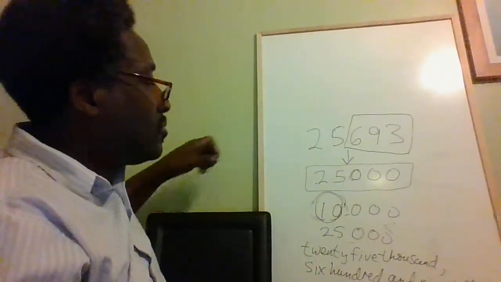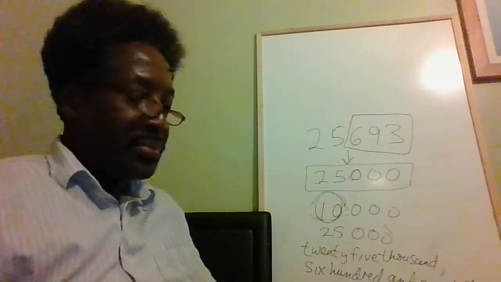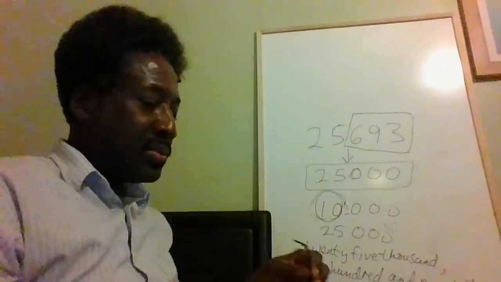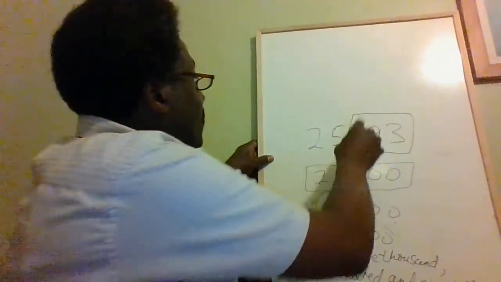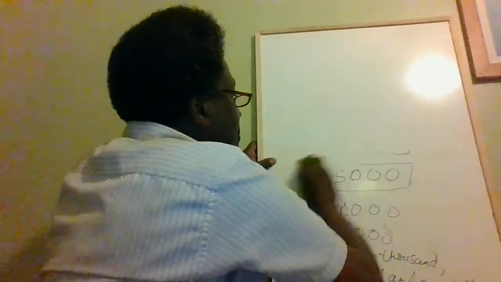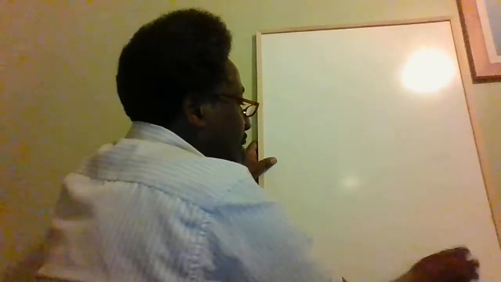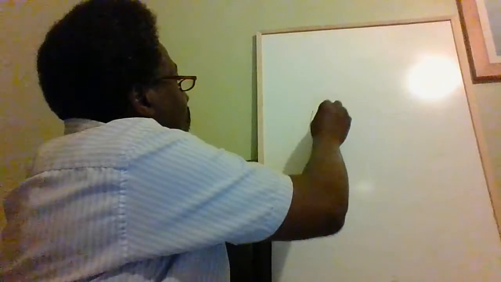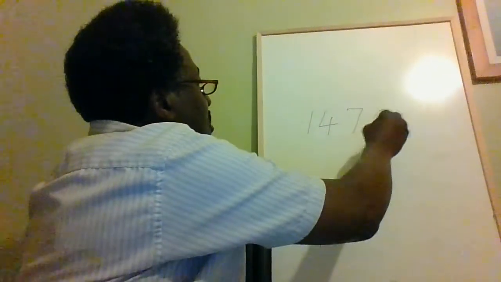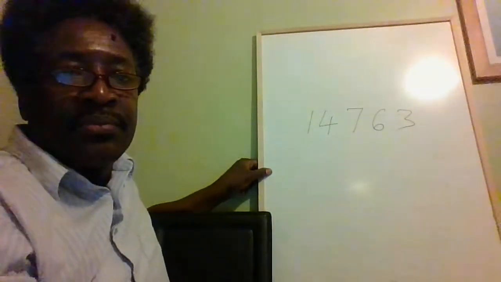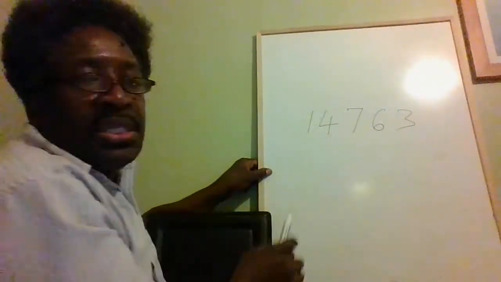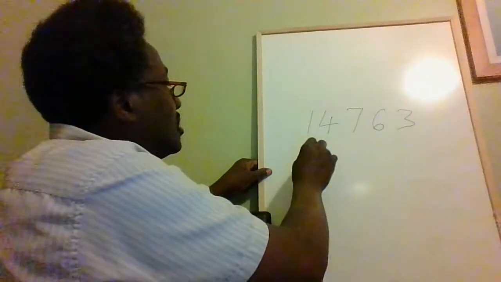Let's do another example. Another random 5-digit number. Let's say 14763. 5-digit number. Remember, keep 2 digits and imagine the others to be 0.